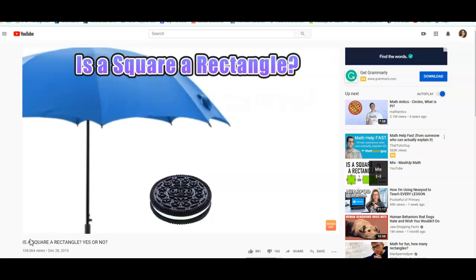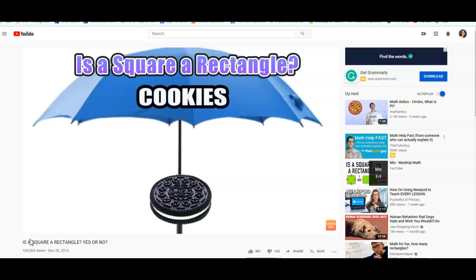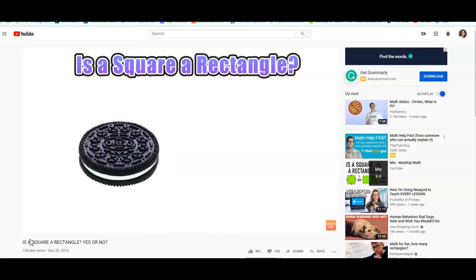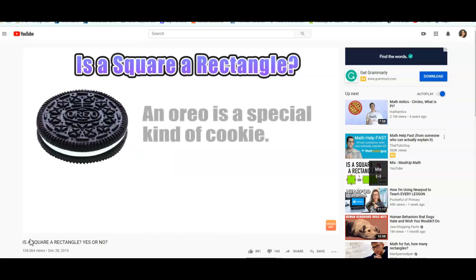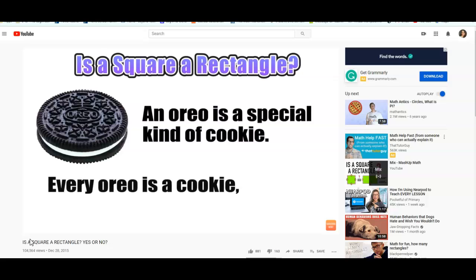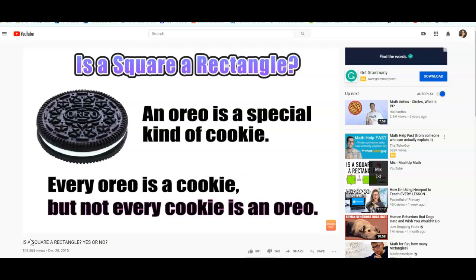And our answer, of course, is no. We should know that there are many different kinds of cookies that satisfy our definition, including sugar cookies, chocolate chip cookies, Girl Scout cookies, and gingerbread cookies. So we can conclude that an Oreo is a special kind of cookie, and that every Oreo is a cookie, but not every cookie is an Oreo.